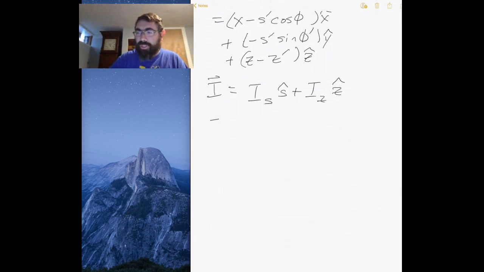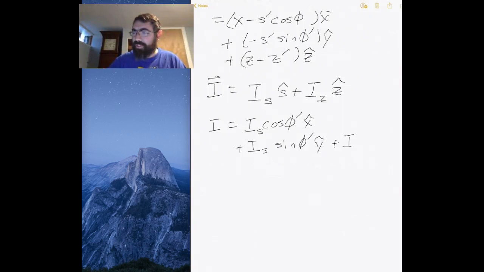And so that current would be i_s cosine phi, so that's the x direction, plus i_s sine phi in the y direction, plus i_z in the z direction.